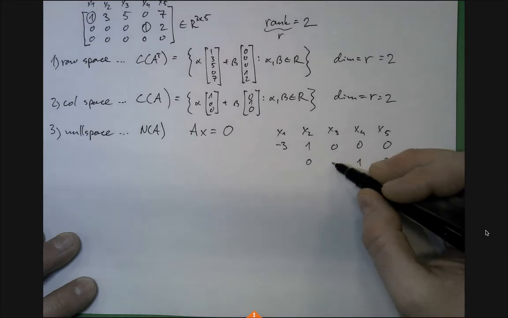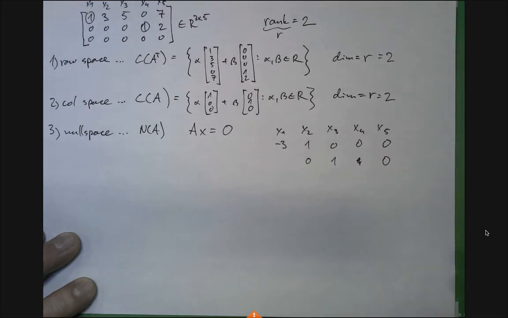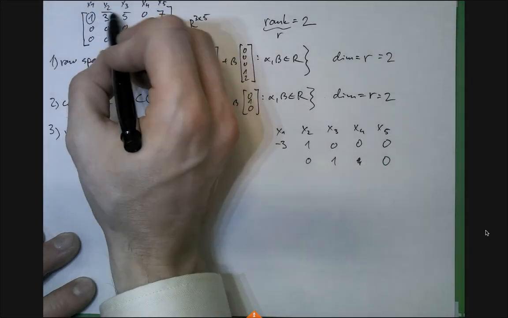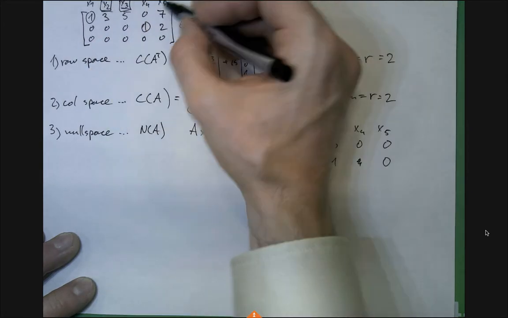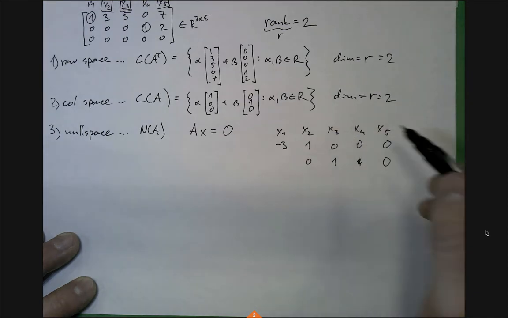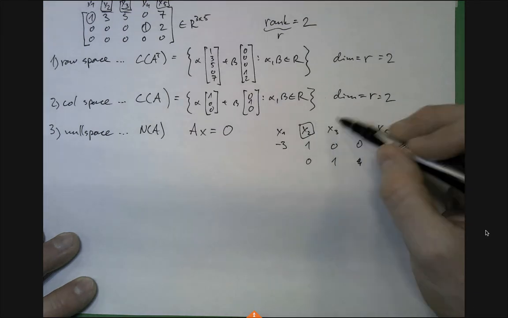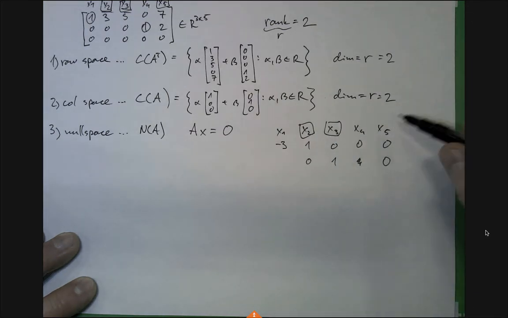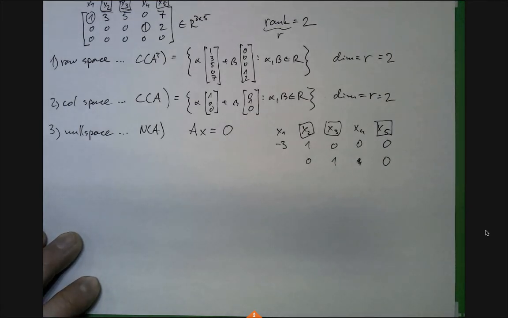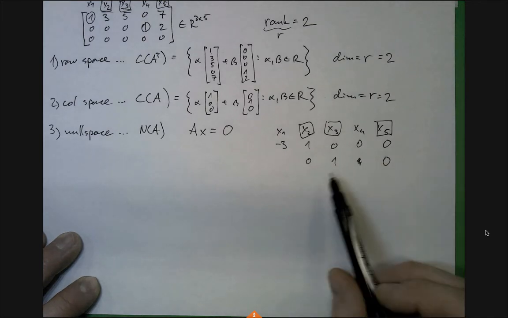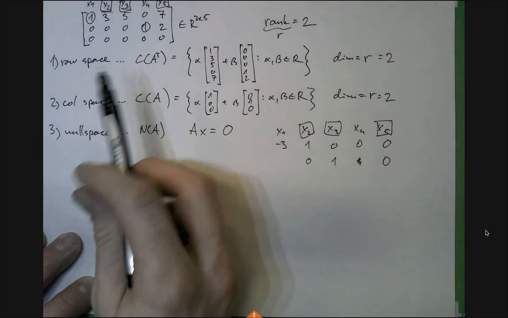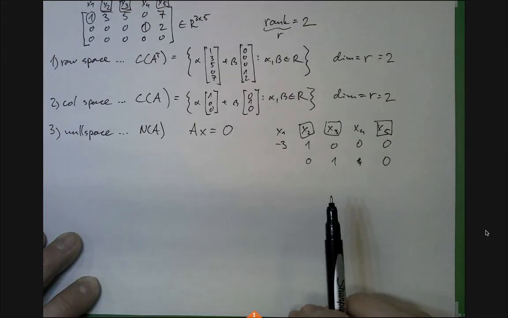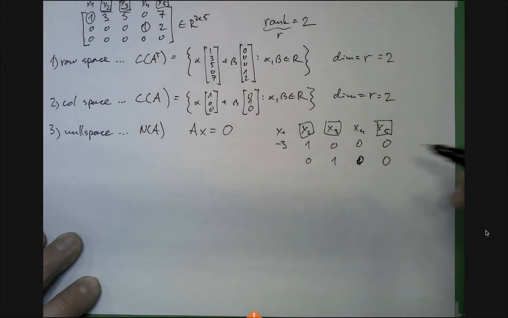That was supposed to be like this, right? x2, x3, and x5 are my free variables, so I am choosing them. So this time I chose them as 0, 1, 0. So the last equation says that x4 is 0, right? So I get again 0 here.